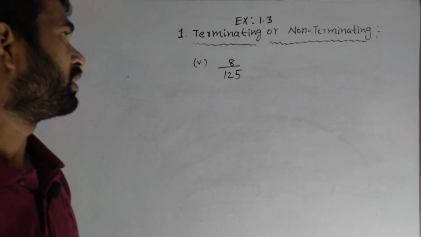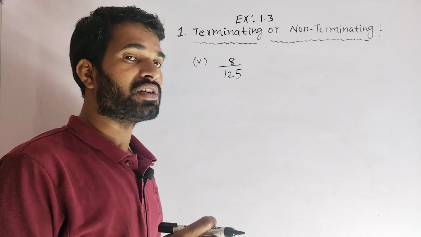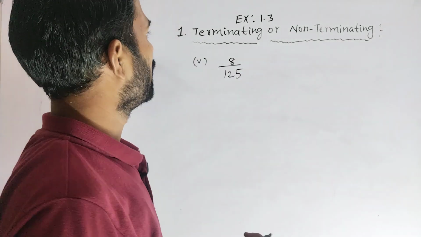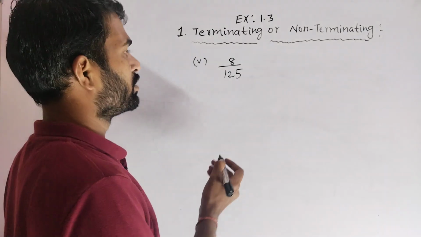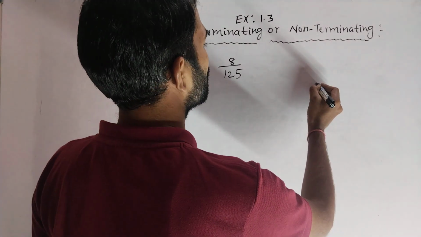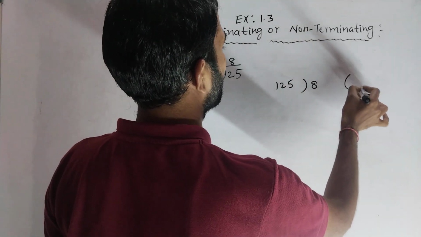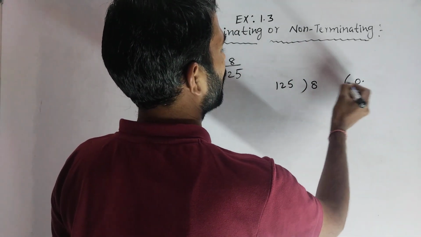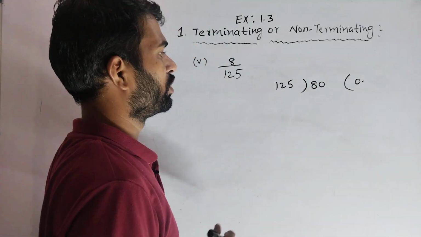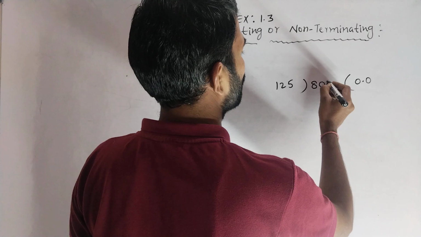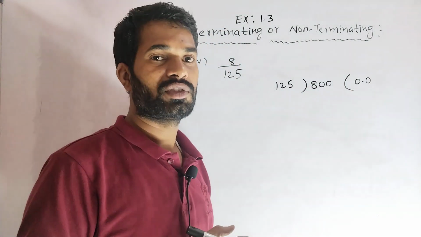Last question from the same bit. 8 by 125. Write the rational number 8 by 125 in the form of decimal and state whether it is terminating or non-terminating. To solve this, I am going to divide. So 0 point, I am taking 80. Still 80 is less than 125, so I am taking 0 here, 800. 125 how many times 800?